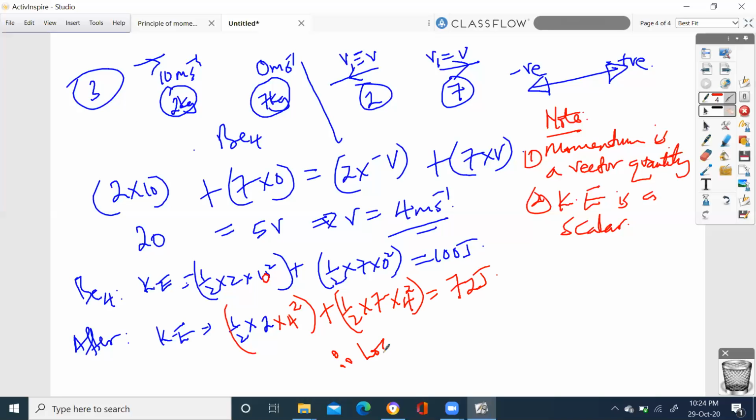Therefore, the loss in kinetic energy will be equal to 100 minus 72, which gives us 28 joules. And yes, it is done.